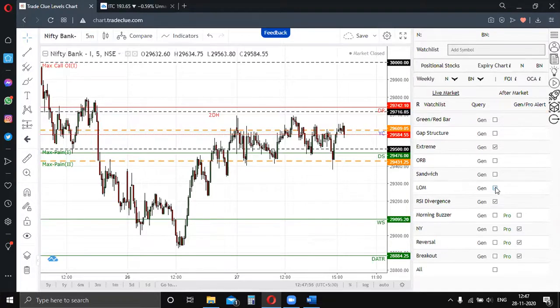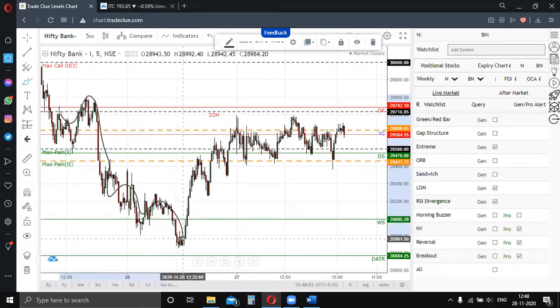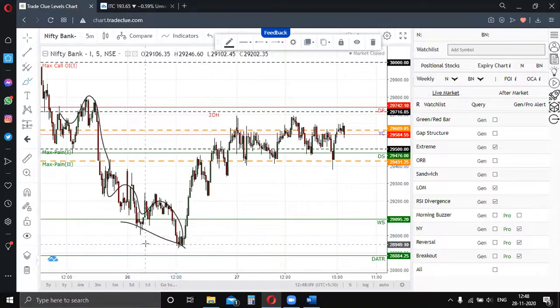Now see here, this is Bank Nifty on 5-minute. It is just going down. If Bank Nifty comes in divergence, that is a good bullish divergence, then after that there are some important lines over there. At the same time, it is showing you LOM, or this is called an extreme move.